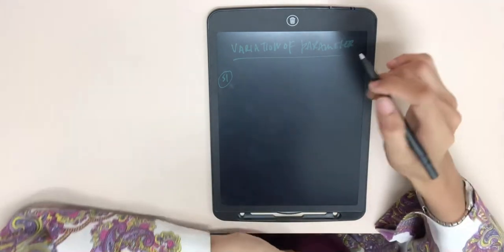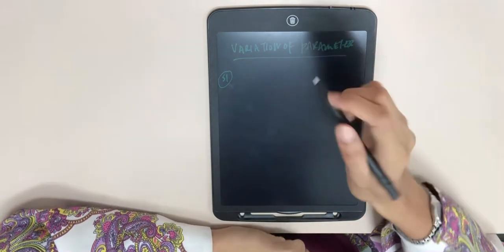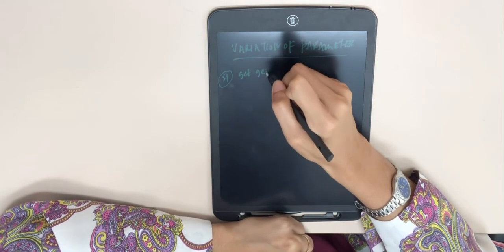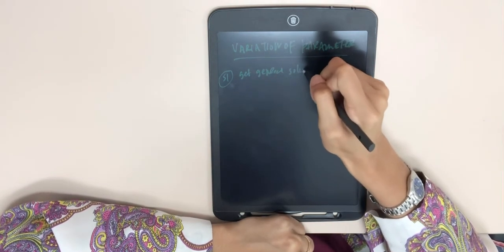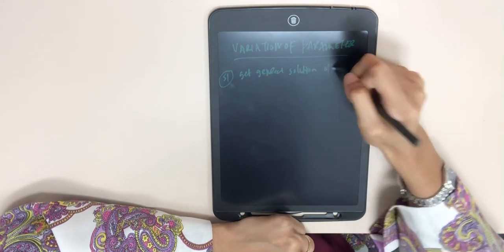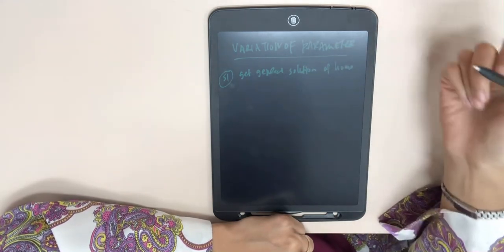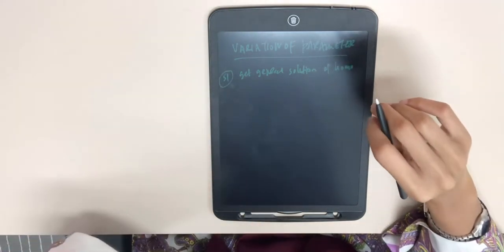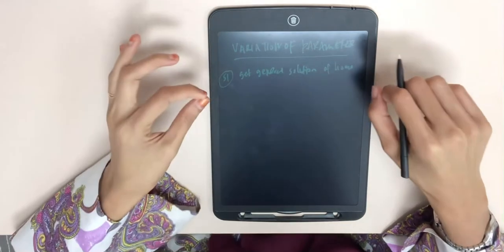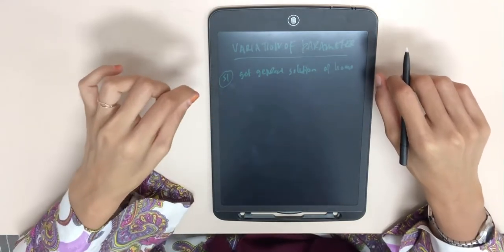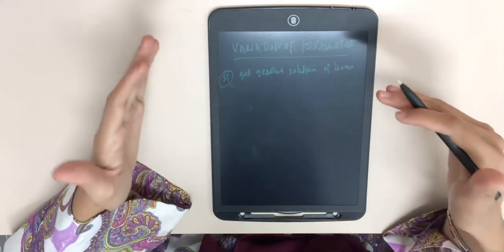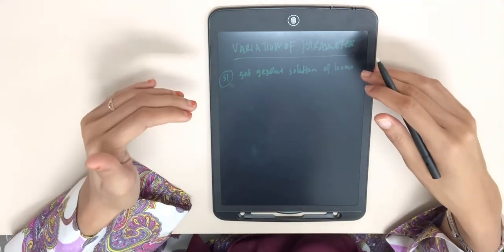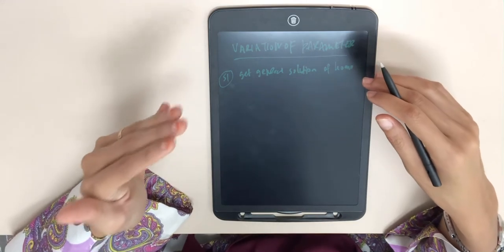For variation of parameter, the first step, same as undetermined coefficient, is that you need to find the general solution of the homogeneous equation first. Exactly the same as step number 1 for undetermined coefficient: you find your general solution YH for the homogeneous equation.